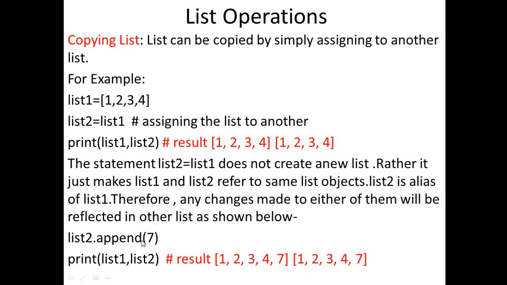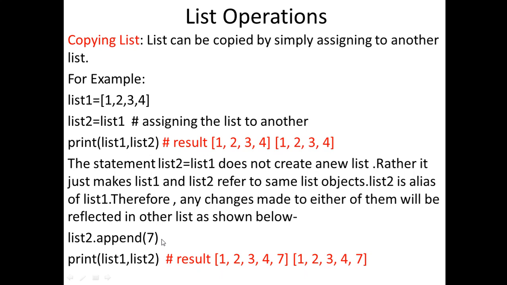Append is the built-in function which will add an element to the list as the last element. So in that list of 1, 2, 3, 4, another item 7 is added. So list 2 will now have the elements 1, 2, 3, 4, 7 according to this statement.